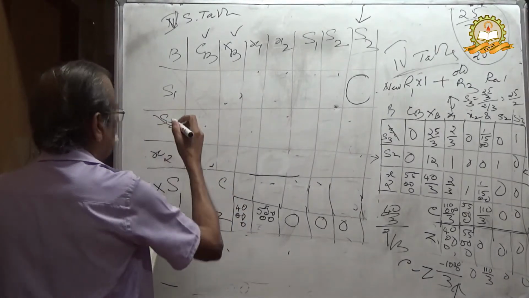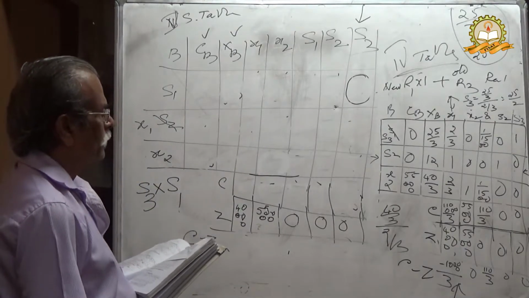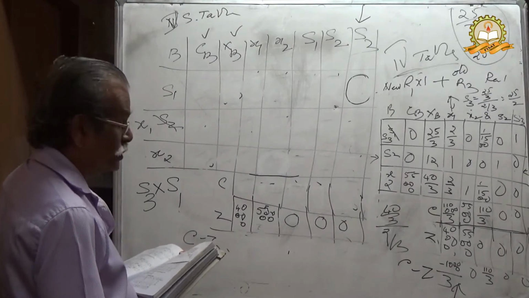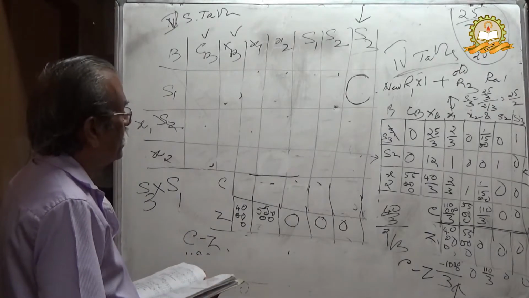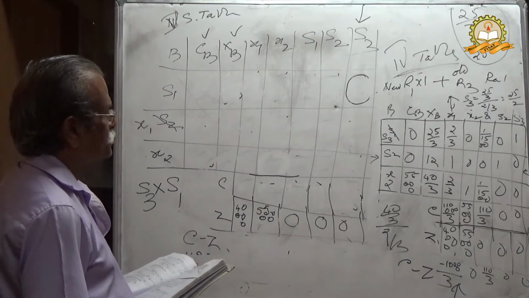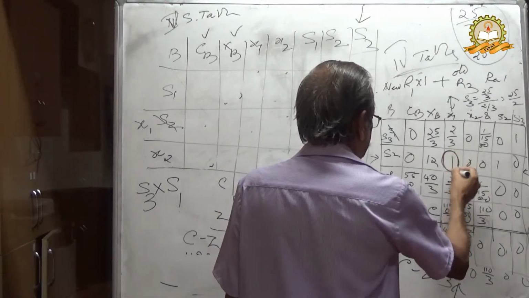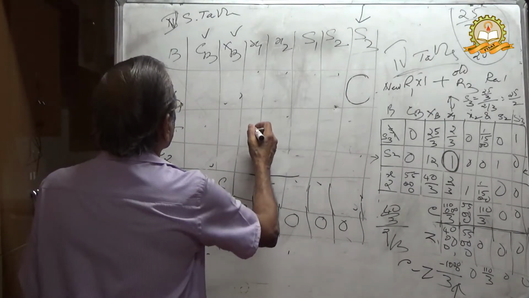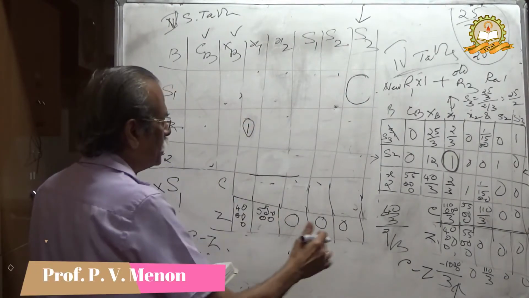Here we observe pivot column is x1, and pivot row is S2, and they intersect at this particular point.